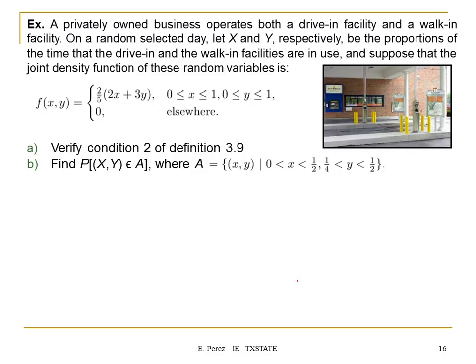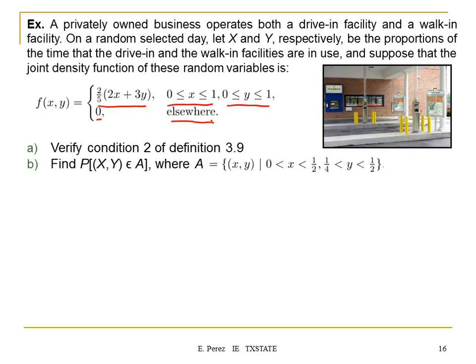On a selected random day, you let X and Y be the proportion of the time that the driving and the walking facility are used. Suppose that the joint density function for these random variables is given by this joint density function, in which you have f of x and y equals this for x between 0 and 1 and for y between 0 and 1, and then it's going to be 0 elsewhere.